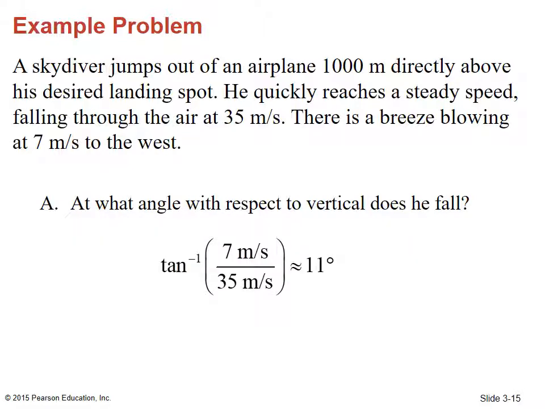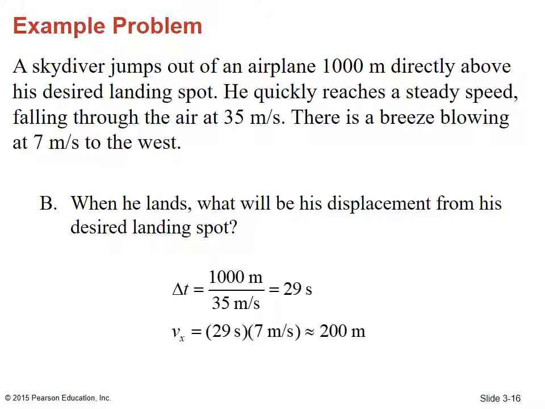The angle of the skydiver with respect to the ground is the vector sum of 35 meters per second down and 7 meters per second to the west. The angle with respect to the vertical is the inverse tangent of 7 meters per second divided by 35 meters per second, which is about 11 degrees.